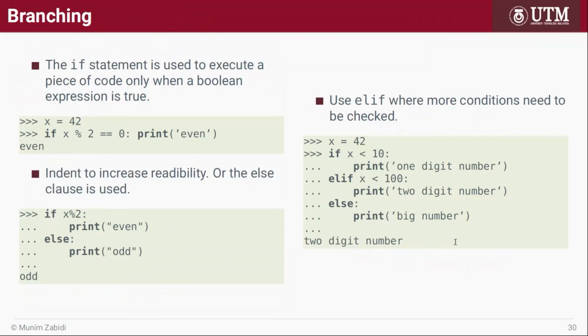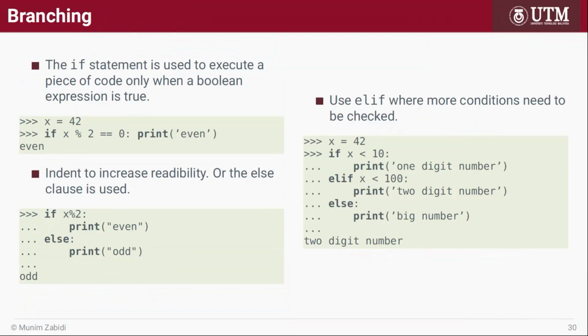Okay, and then from the comparisons, we can make conditional execution. Of course, the basic command for any language is if, but for Python could be different than what you used to. So you can write in one line. In my example here, I have x equal to 42.